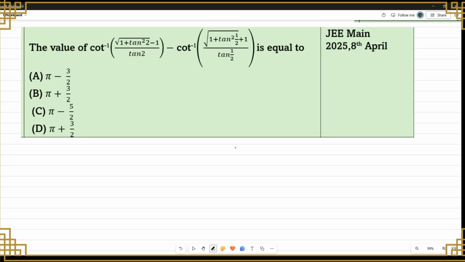Before I start, I just tell you, 1 plus tan square 2, its square root if you take, sec square 2 under root, is nothing but mod of sec 2. Why?